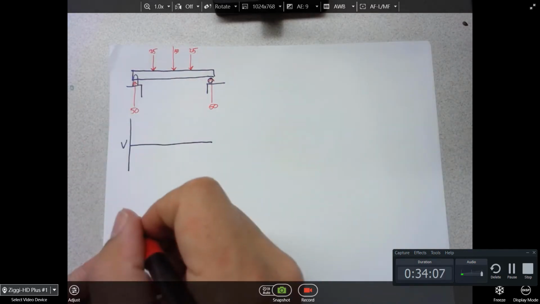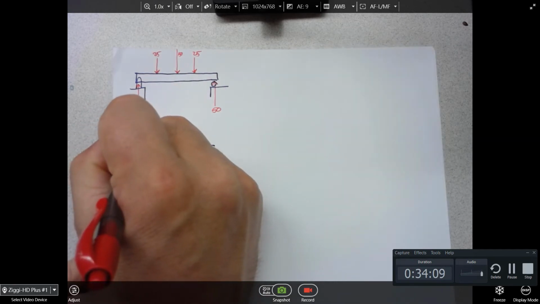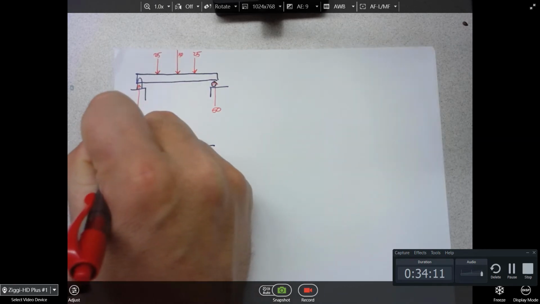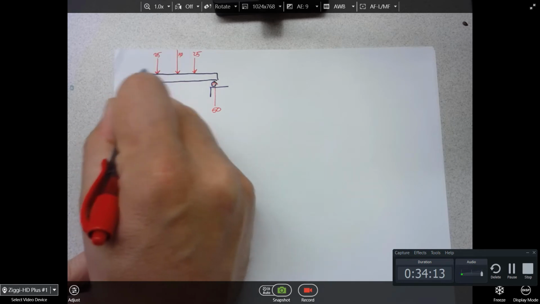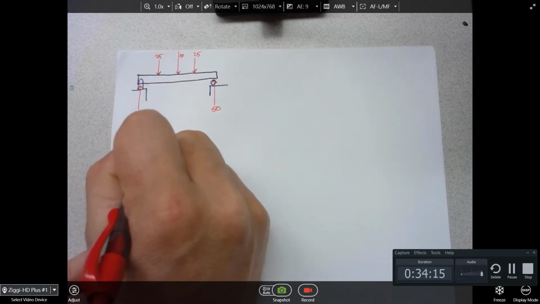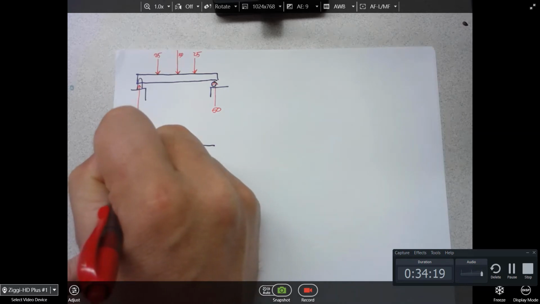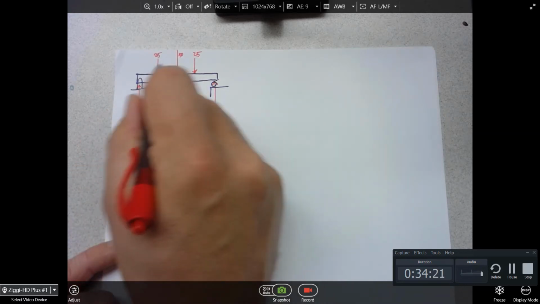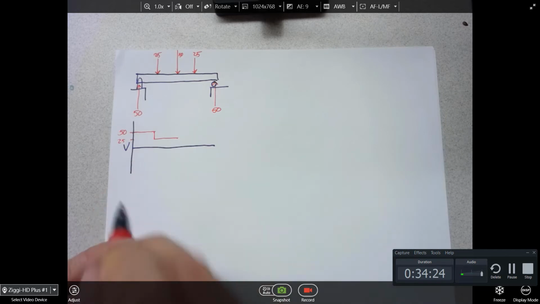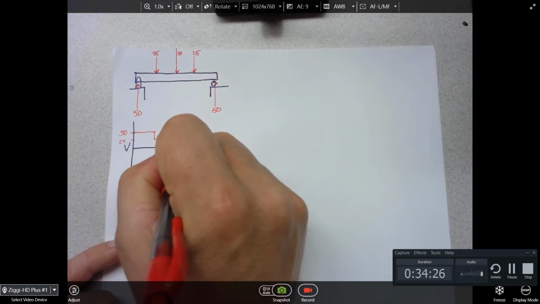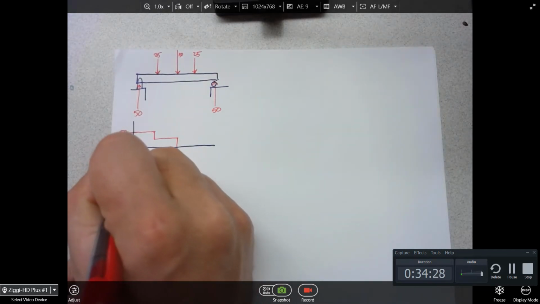I jump up 50 right at 0. Nothing happens. There's no distributed load until I get to 25 and I jump down 25. Nothing happens until I get to 50 and I jump down 50 to negative 25.